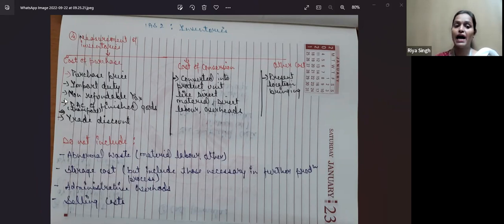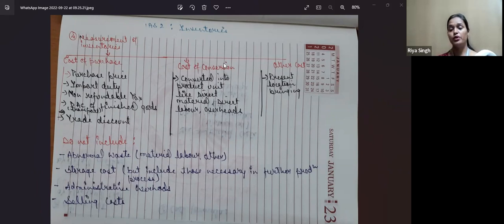Now you have to add all these amounts together, then you will have the cost of purchase. Now to this cost of purchase, you have to add the cost of conversion. In this conversion, what all costs will be included? The conversion of raw material to the finished good. Whatever cost is involved will be taken here into the cost of conversion.